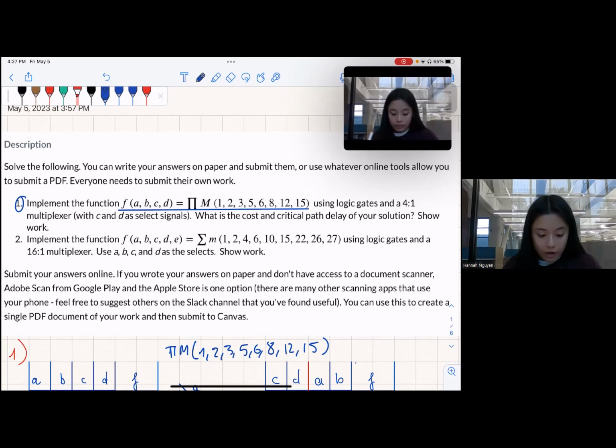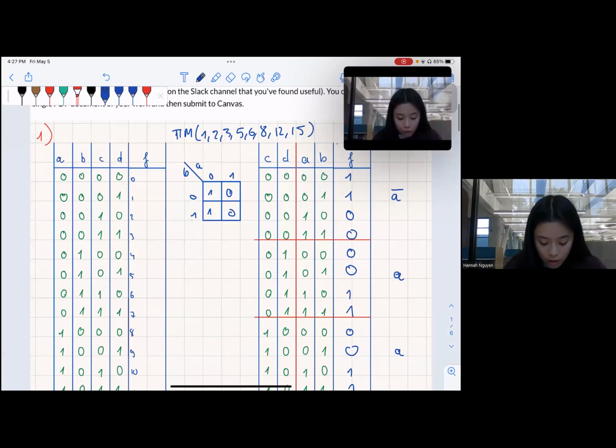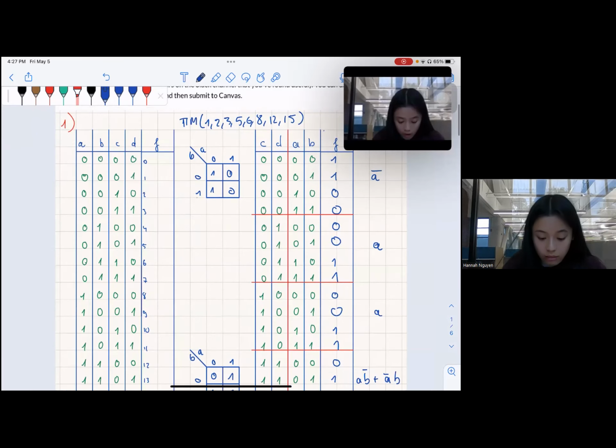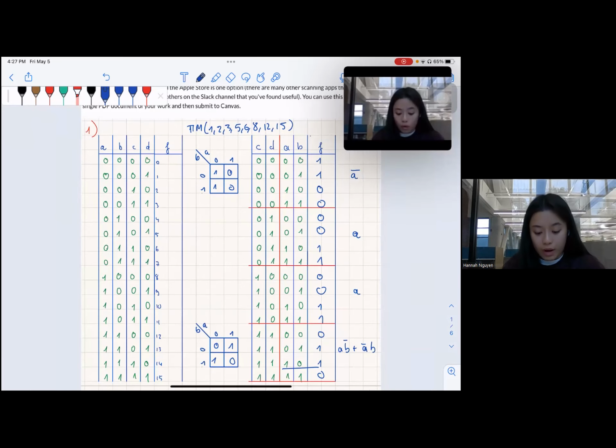So here I have the truth table already for the function right here. And here we have the product of sums. That means the output is going to be 0 for every input where the maximum is.